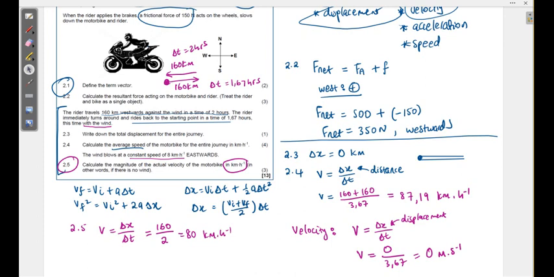In normal circumstances, we do change to meters and seconds. But now it's just that they specifically told us. You see, they specifically said that we must use those ones.